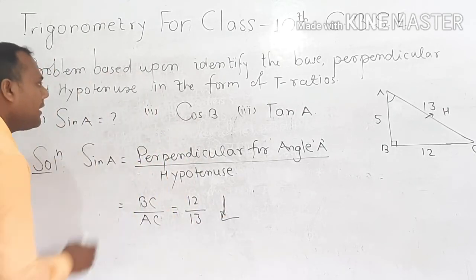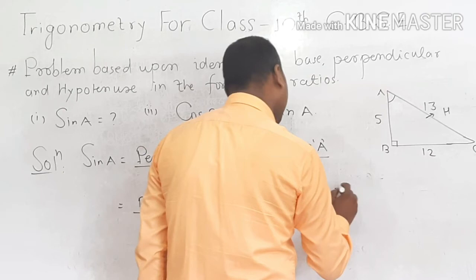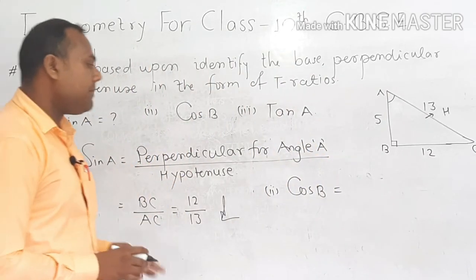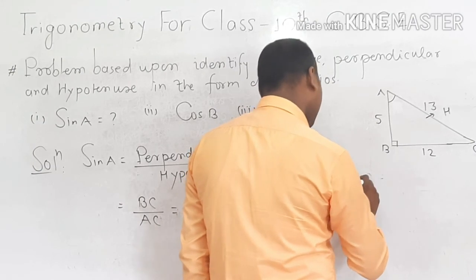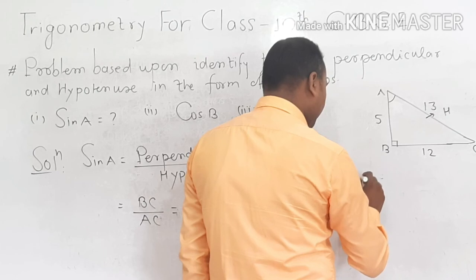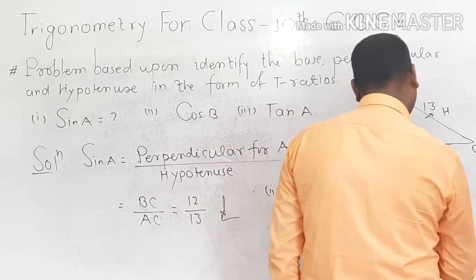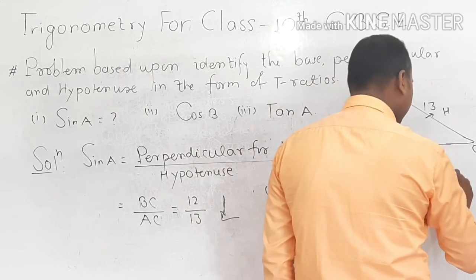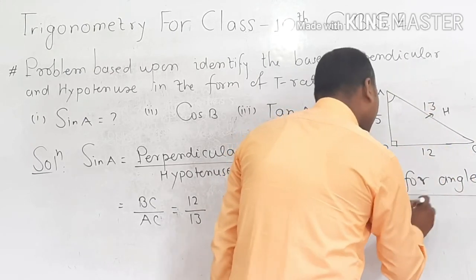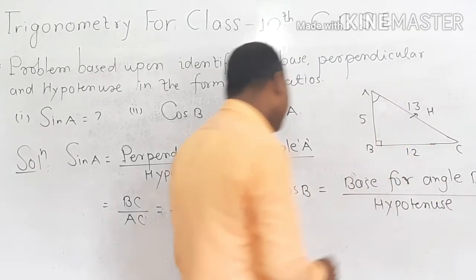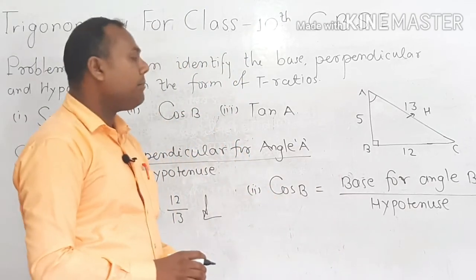Next one is cos B. Cos of B means base for angle B upon hypotenuse. That means we have to find the base for angle B upon hypotenuse. What is the base for B?